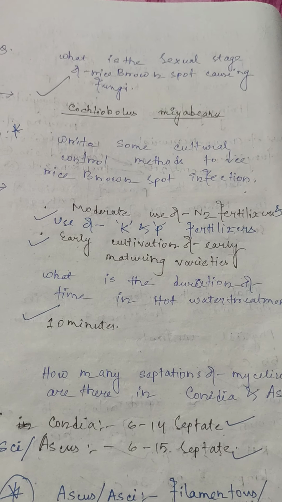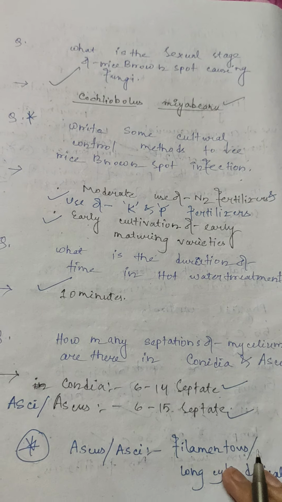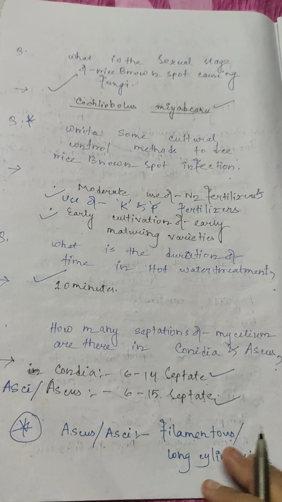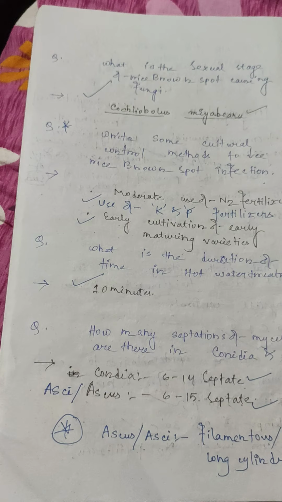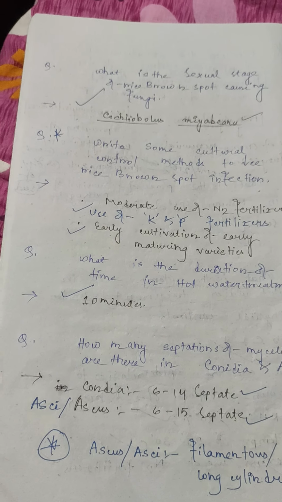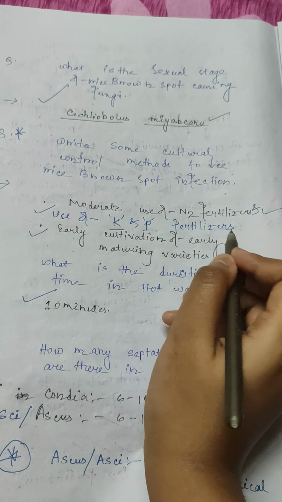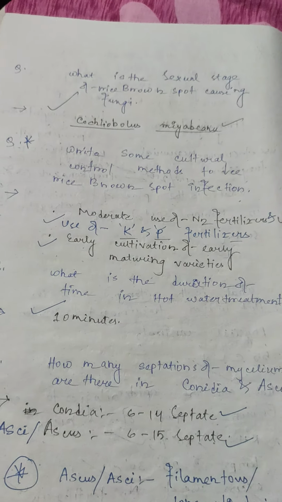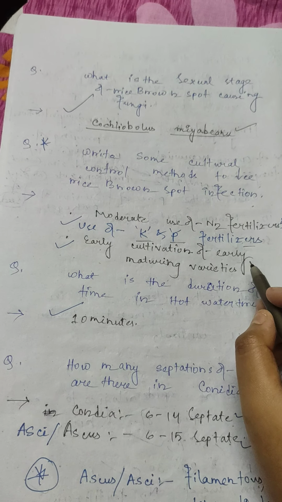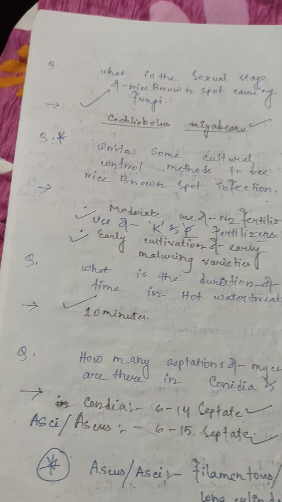What is the sexual stage of the rice brown spot fungus? Cochliobolus miyabeanus is the sexual or perfect stage. Write some cultural control methods: moderate use of nitrogenous fertilizers, optimum use of potassium and phosphatic fertilizers, early cultivation of rice, and early maturing varieties.